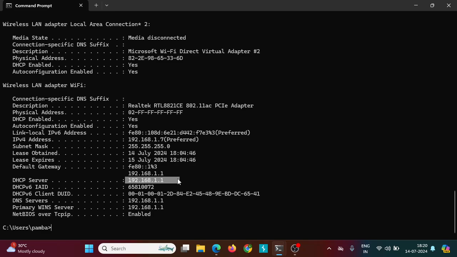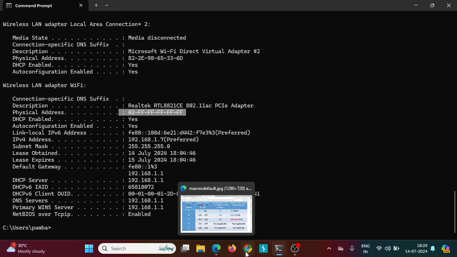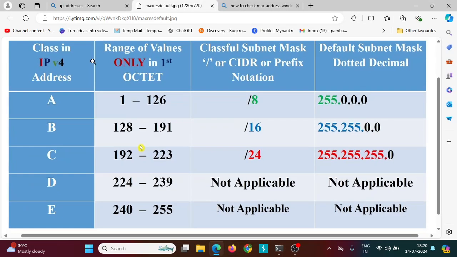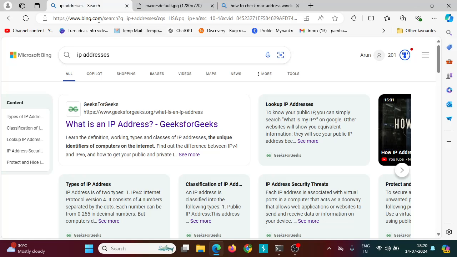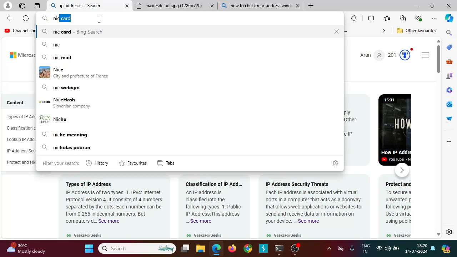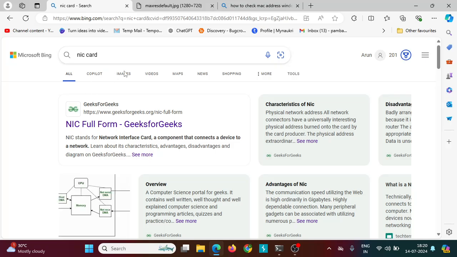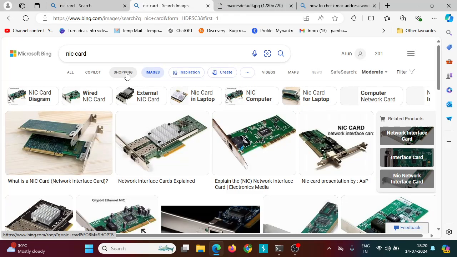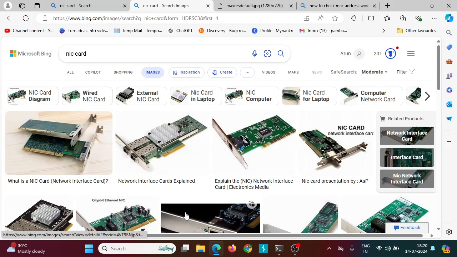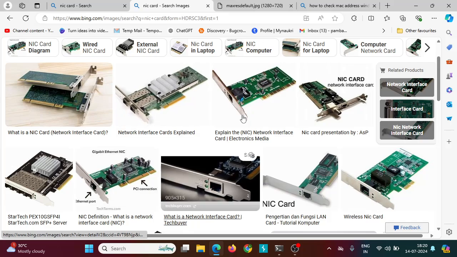Okay, and how is this MAC address allocated? Whenever we are dealing with MAC addresses, there is a NIC, the network interface card. This network interface card is embedded into your laptop or system, and it provides a MAC address to your system.